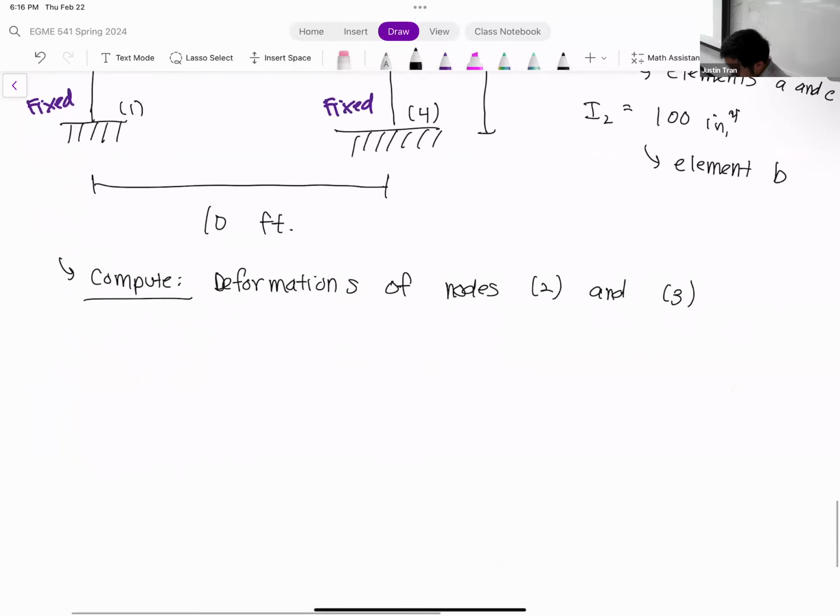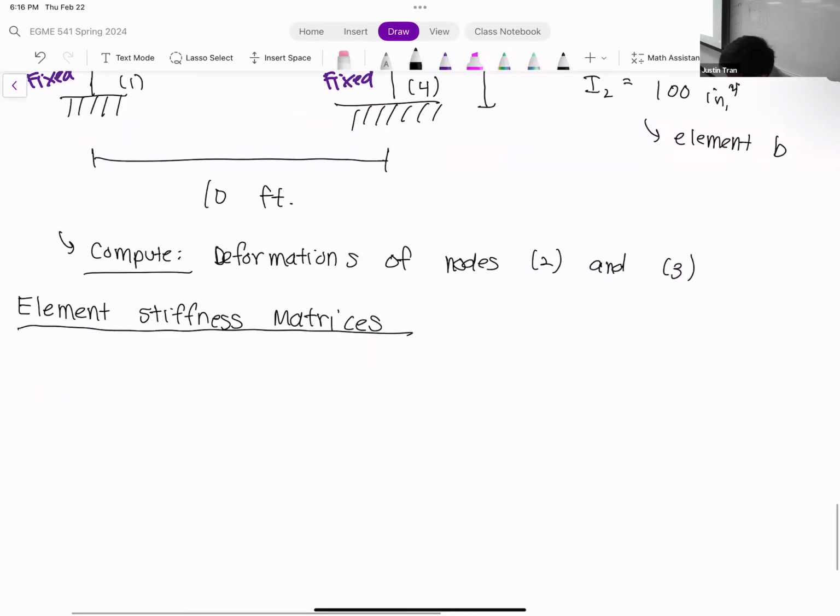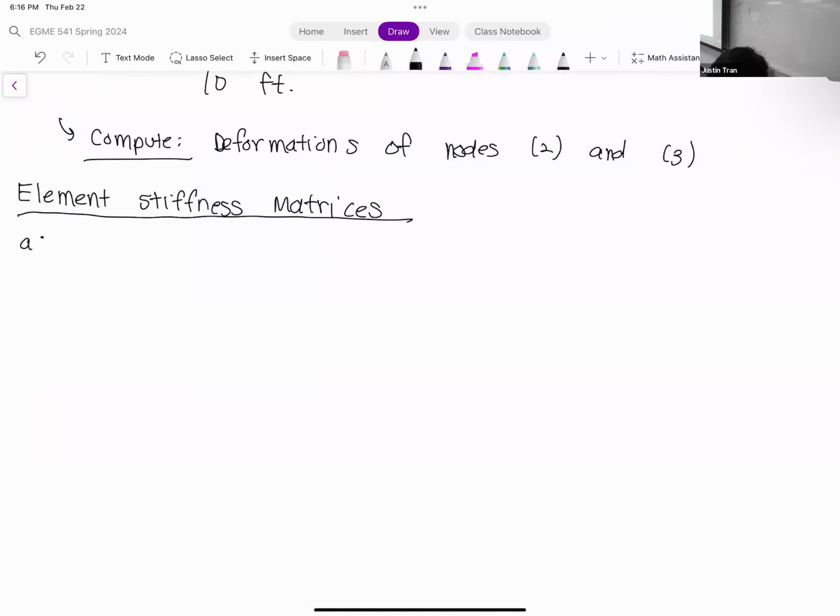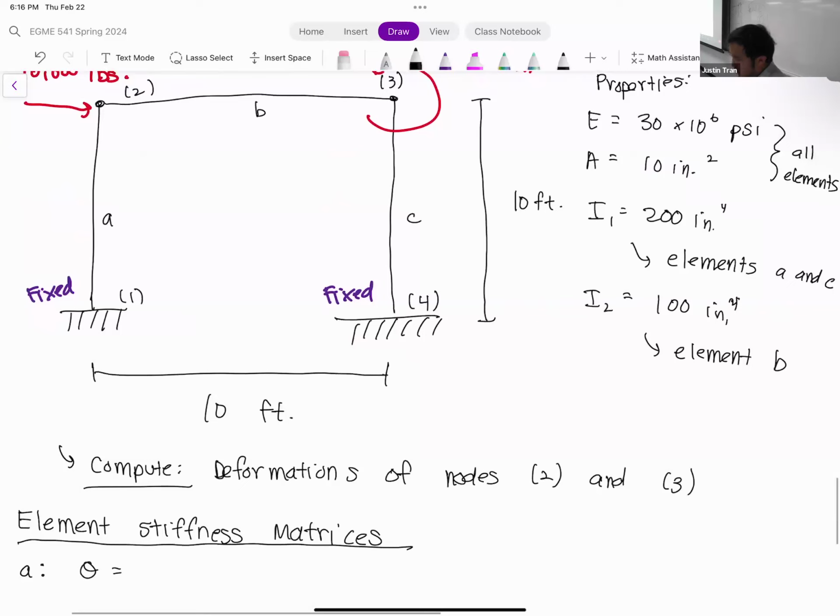Okay. So first, we're going to start with our element stiffness matrices. Okay, so we'll start with element A. Let's start by stating the angle for element A. So the angle for element A, we can see it's a vertical element, with node 1 on the bottom.